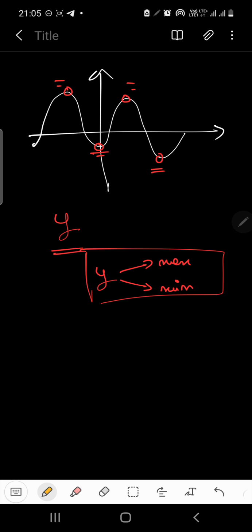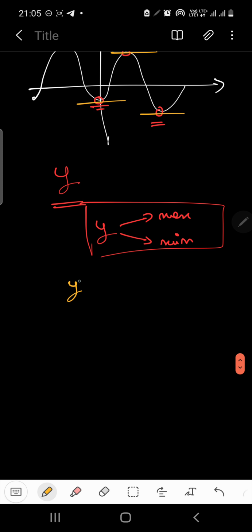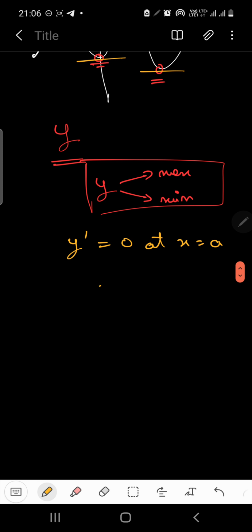Further, you can easily notice that all these points can be called the extremities of the curve, or extreme points of the curve. And at every extreme point, be it a maxima or a minima, if you draw a tangent at the exact point, the tangent is parallel to the x-axis, which says that y dash becomes 0 at x equals a.